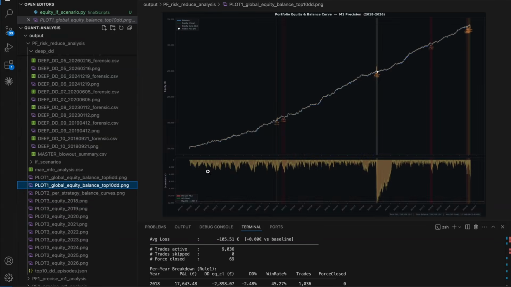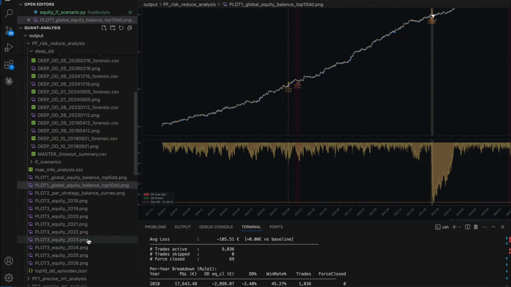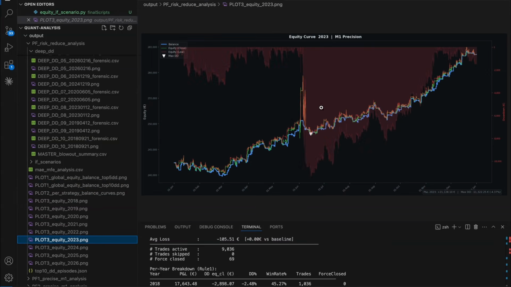As you can see from this, let's zoom in here, because this was the biggest equity delta from the balance. The blue line in this case is the balance line. The balance is the actual closed profit. The equity line is different, it's the highest or lowest point reached during the open position time. In the example I showed you, it was like 2,500. That's the highest equity peak.